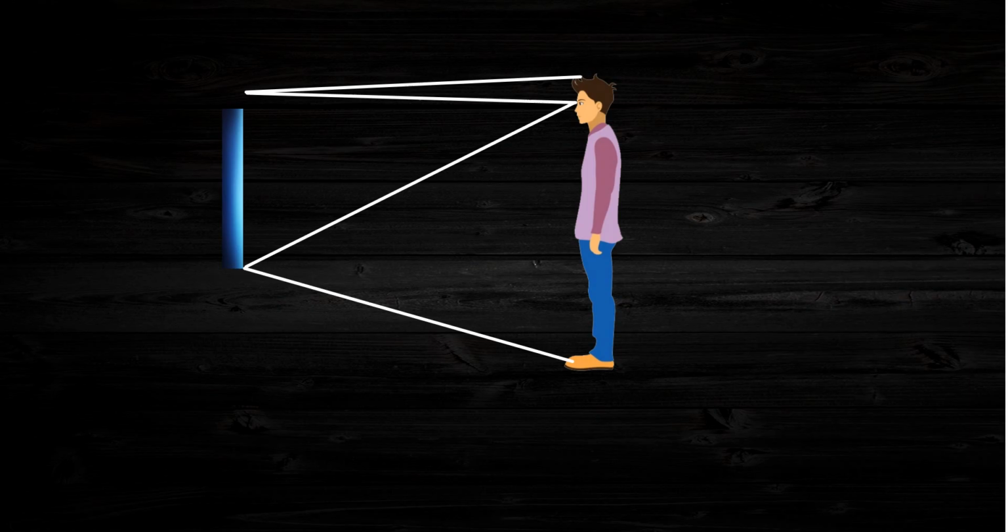So this is the ray diagram that I am looking for. The ray that is coming from the top of his head will get reflected in the mirror and enter his eyes, and the ray that is coming from his feet also will get reflected and enter his eyes. And we need to adjust the mirror such that this scenario is possible.